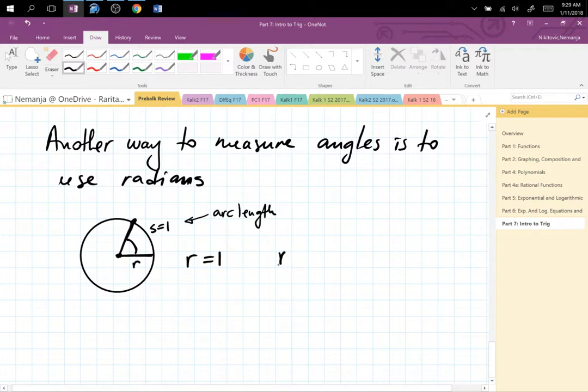So 1 radian is going to be the ratio of S, which in our case is equal to 1, divided by the radius. And now you see that these radians are actually the weirdest thing ever. I didn't figure this out for some time. We call it 1 radian as a unit.